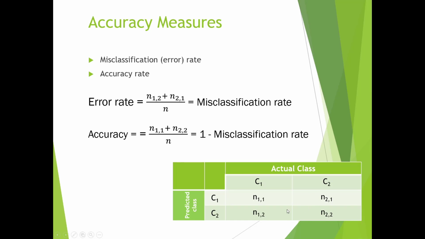Error rate is the sum of these two divided by the overall n. Accuracy rate is the sum of these two divided by n. And obviously accuracy rate is going to be 1 minus the error rate, or misclassification rate.